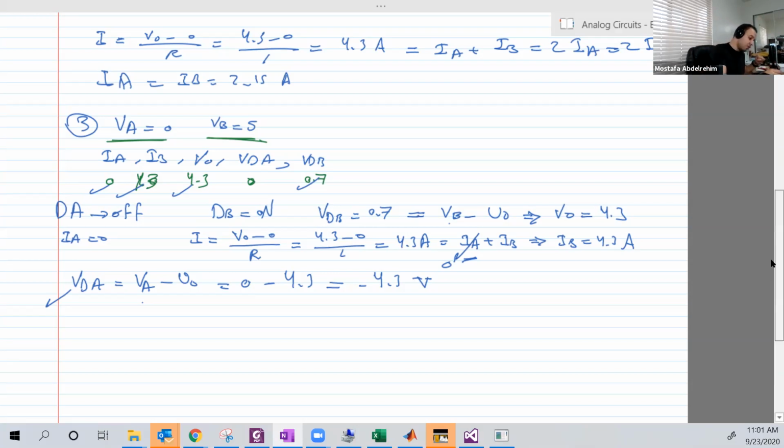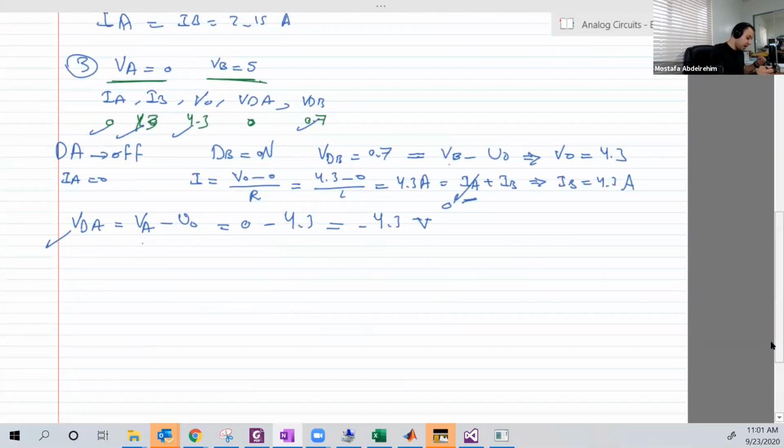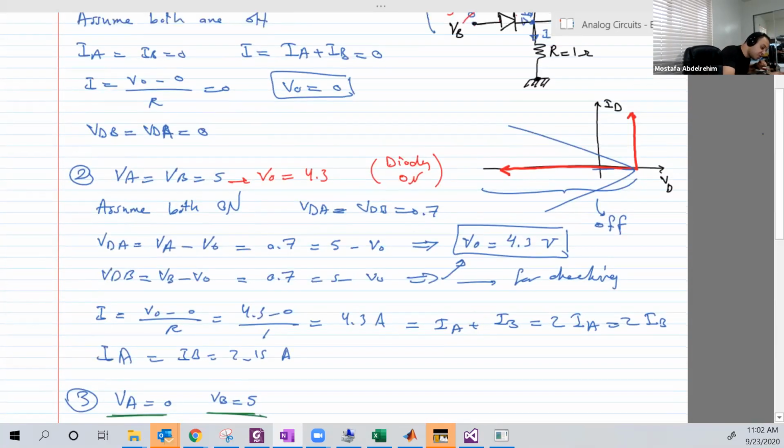We know the voltage of that point, which is VA. We know the voltage of that point, which is VB. So you can determine the voltage drop and you can determine VDA. And it should be something less than 0.7 in order to say that's off. It can be 0.3, for example. It's positive, but 0.3 is before 0.7.